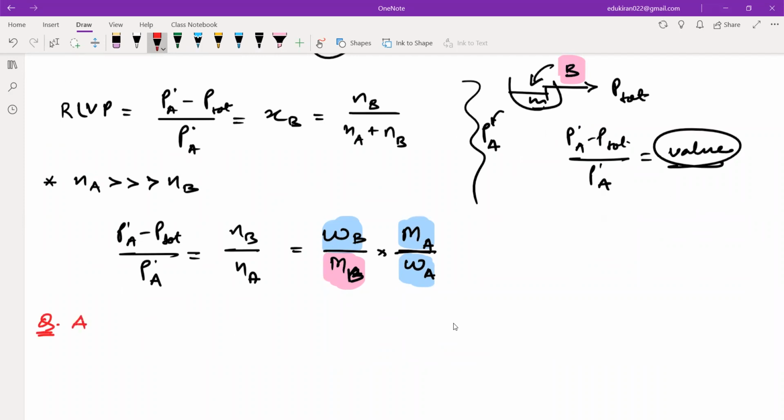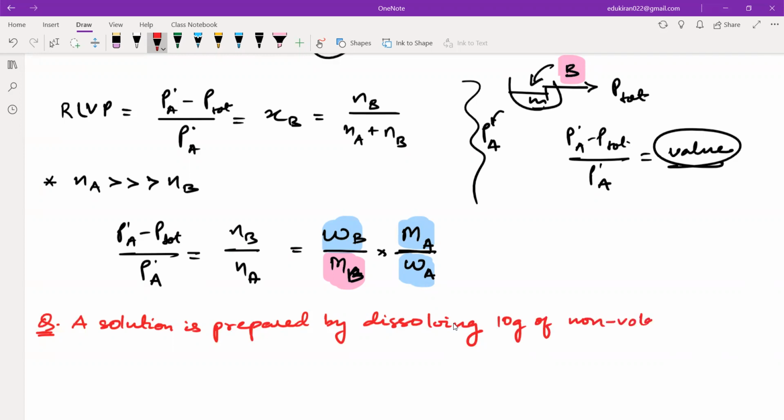A solution is prepared by dissolving 10 gram of non-volatile solute, होगा ना, sorry, in 200 grams of water.